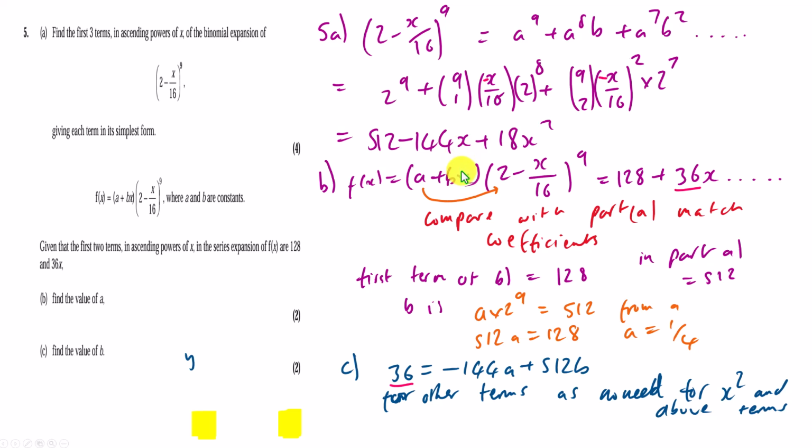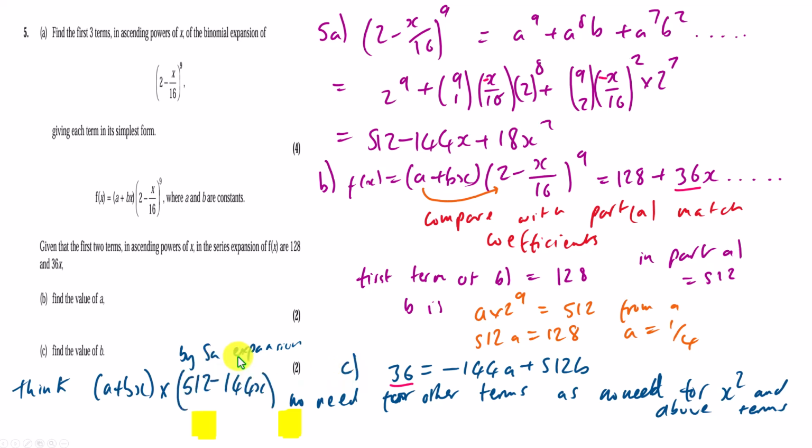We don't need to do this one because that will give us 144bx squared, and there's no need for other terms. There's no need for x squared and above terms. So imagine we've got a plus bx by our expansion, and those are the only two we're interested in.